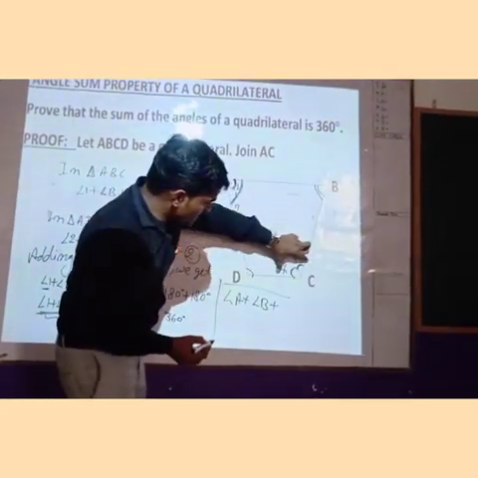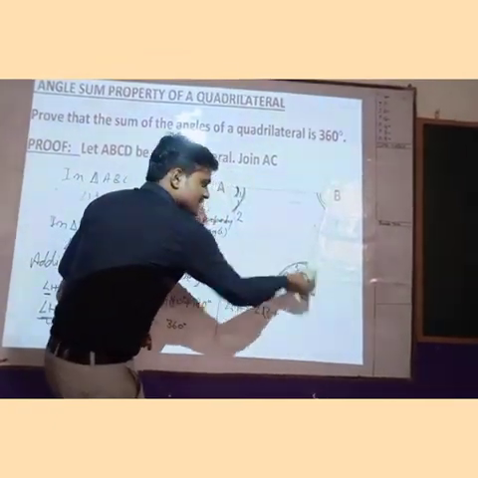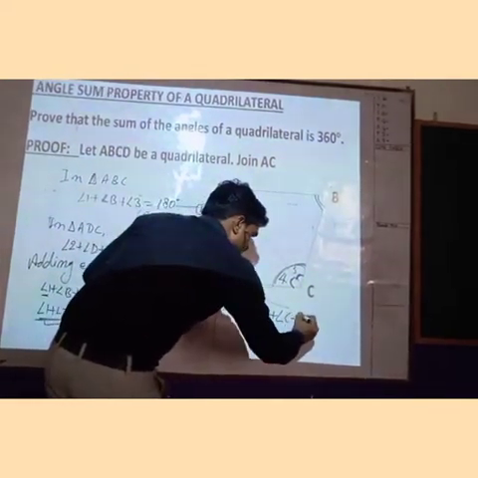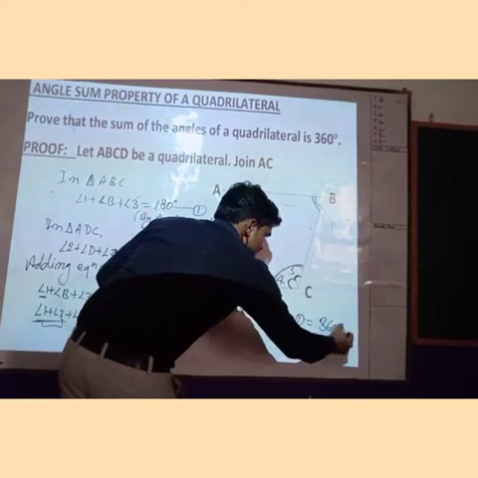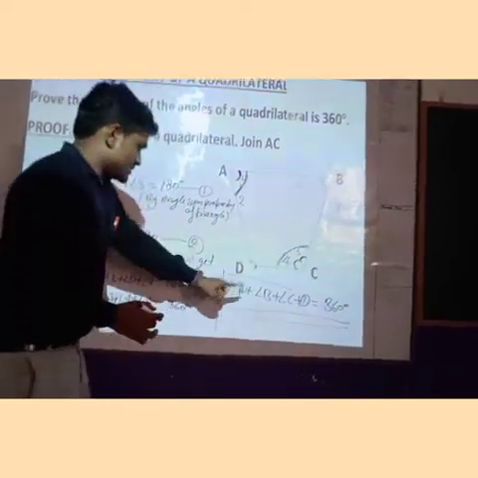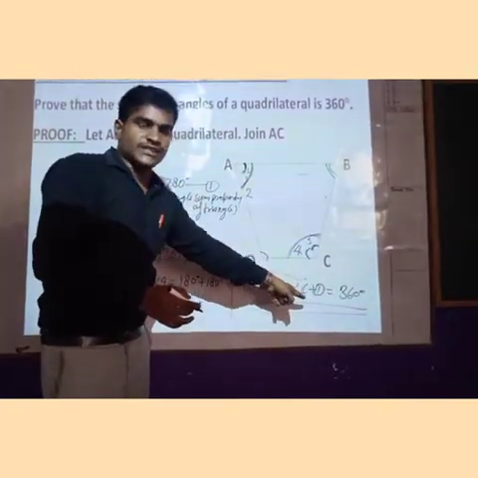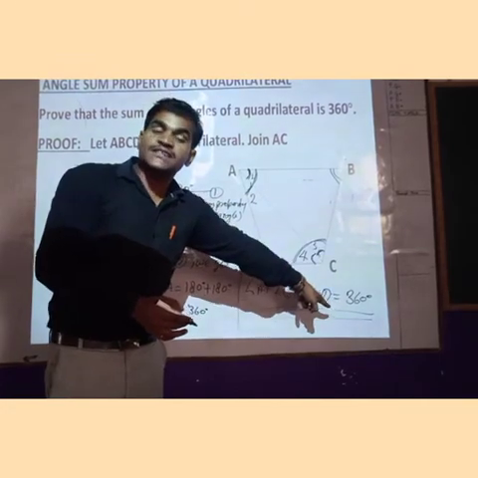When we add angle 3 and angle 4, we get this angle, which is the angle C. So plus angle C and plus angle D is equal to 360 degree. This is proved. Means the sum of all four angles of a quadrilateral is 360 degree, that is A plus B plus C plus D is equal to 360 degree.